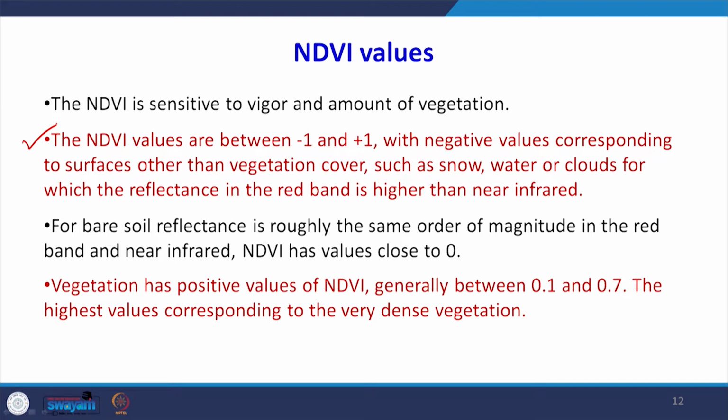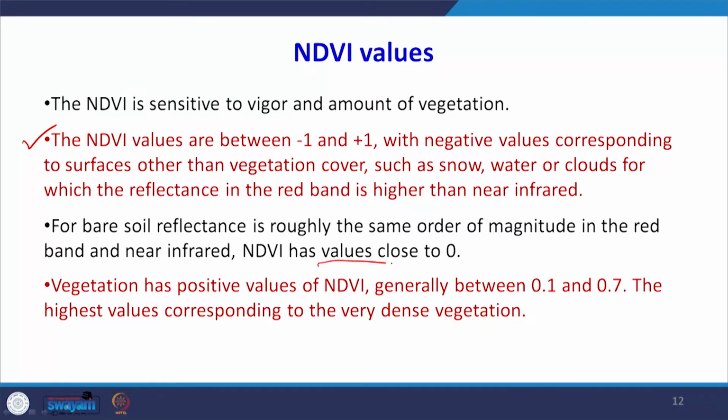Then we multiply by a constant so that the values are stretched. Once we have the values between -1 and +1, we can do some kind of correlation: the negative values will indicate water, snow cover and clouds, whereas the higher values will indicate dense vegetation cover.